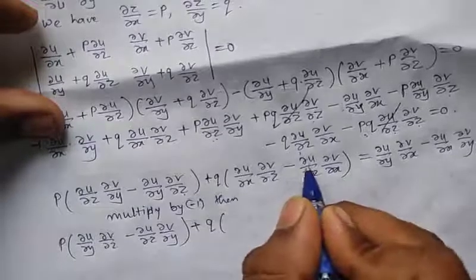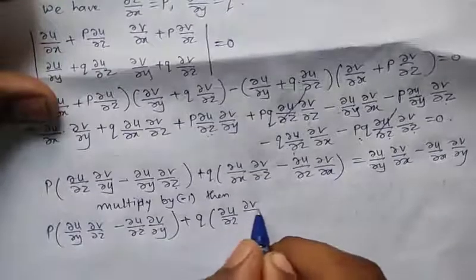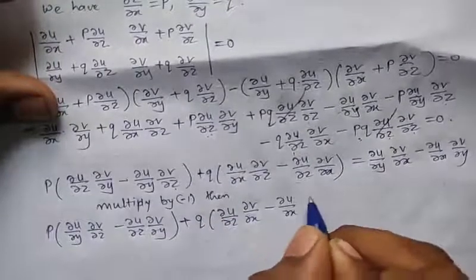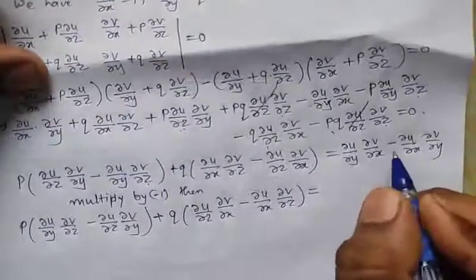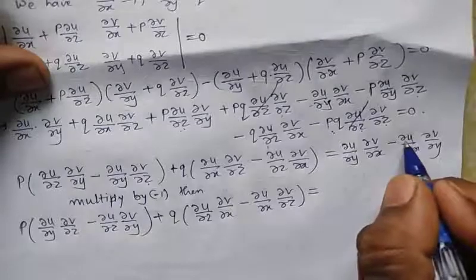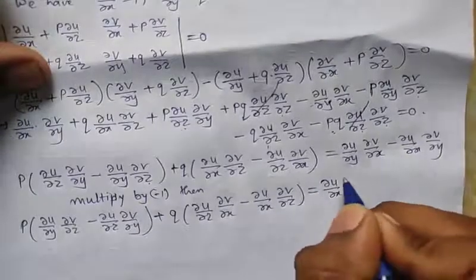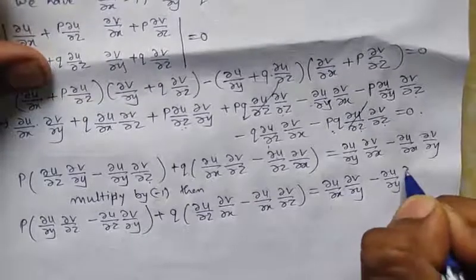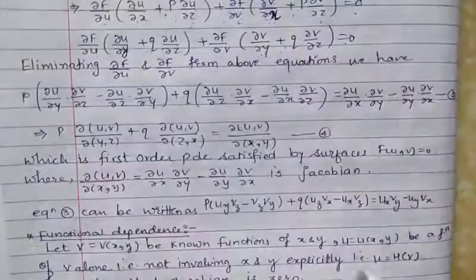Here this term will be positive, ∂u/∂z ∂v/∂x, and this term gets minus, ∂u/∂x ∂v/∂z, which is equal to, on the right hand side, this term will be positive and this negative: ∂u/∂x ∂v/∂y minus ∂u/∂y ∂v/∂x. Okay, so we get this term.